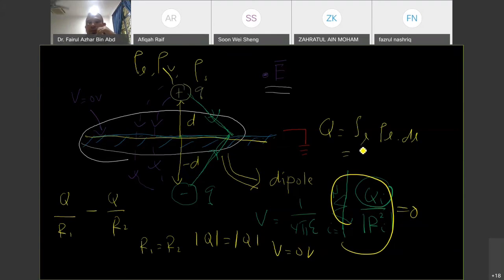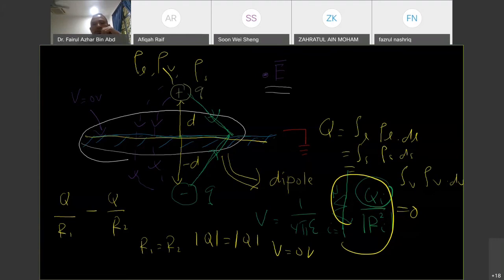If the charge exists as rho S, we perform surface integration, rho S dS. If the charge exists as rho V, for example, we perform volume integration, rho V dv. So that's all for the image method.